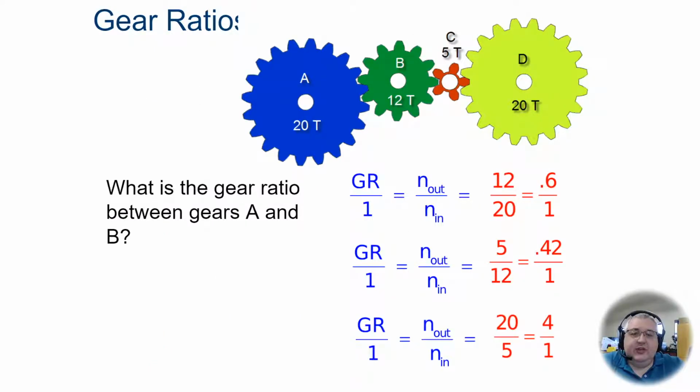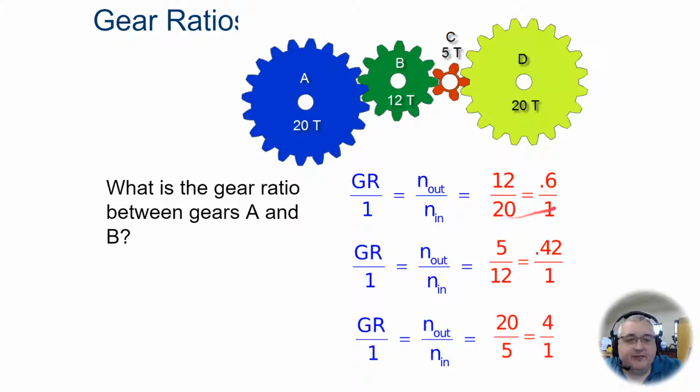Okay, so if we look at the gear ratio between gears A and B, so we're looking at gear ratio A to B. Usually if we're observing it between the two, the first is your in, and the second is your out. So A is going in, B is going out. We count the number of teeth. I've got 20 in the first one, so 20 in, and I've got 12 out.